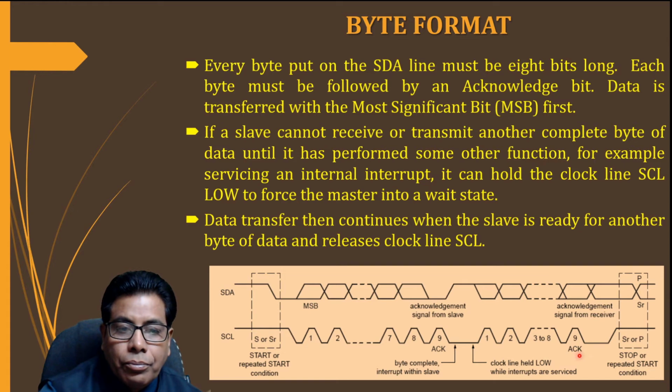So this is how the format will be, and at the end of this we'll have the stop condition, or if it wants to continue the data, it will have the SR condition, or P condition, which means stop condition.